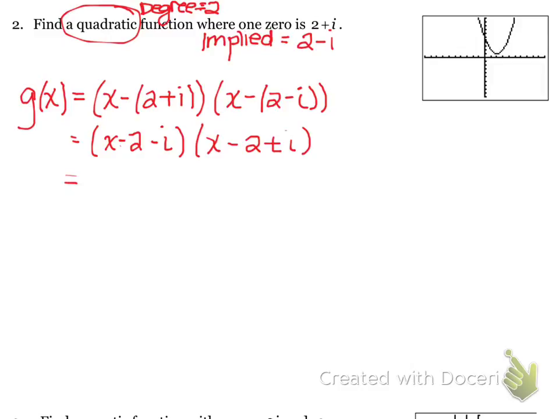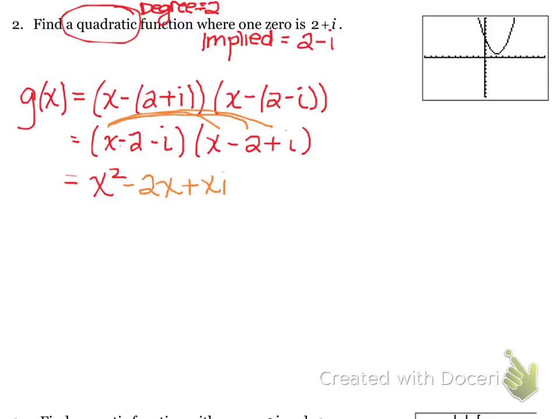So now we're going to distribute. And when we do that, we get x squared minus 2x and plus xi.